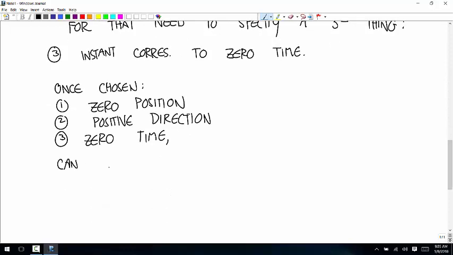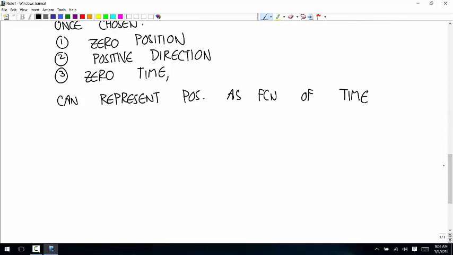You can represent position as a function of time. So let's think about how that works in a simple case.